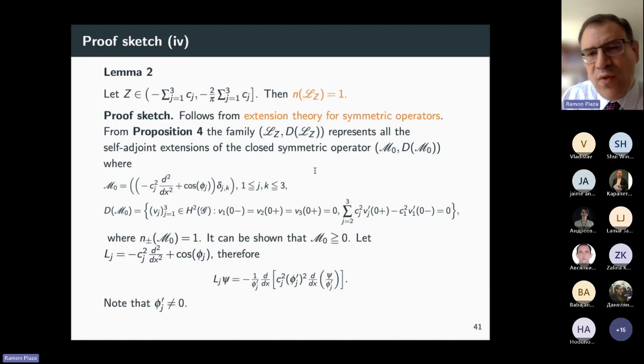How do you show that? Well, it follows from the extension theory for symmetric operators. From proposition 4 that I showed you before, this family represents all the self-adjoint extensions of the closed symmetric operator M0 with domain D of M0, which is the linearization about the wave on each edge with the Dirichlet boundary conditions.